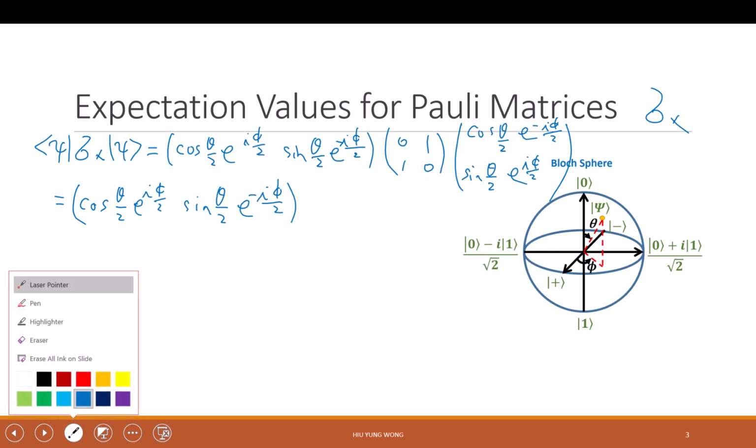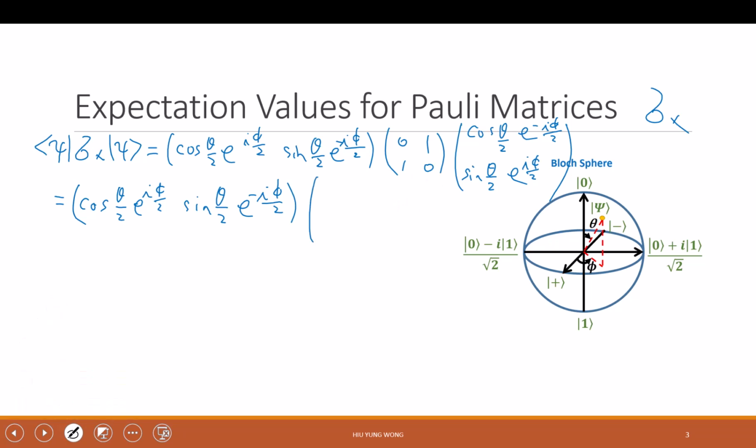So this equals just the NOT gate applied: sine theta divided by 2 e to the power i phi divided by 2, cosine theta divided by 2 e to the power negative i phi divided by 2. Okay, and then the rest is just a row times column vector multiplication.